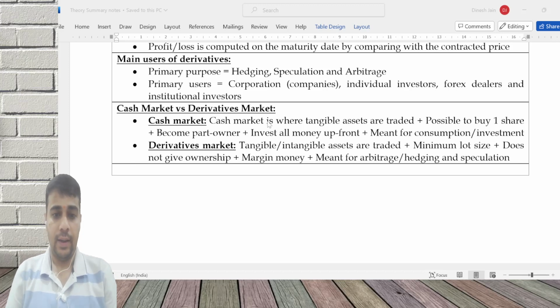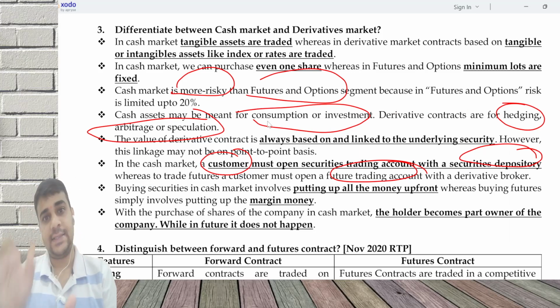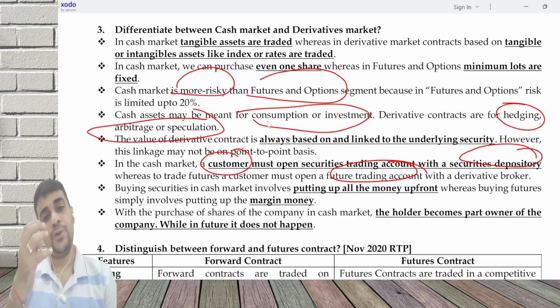Okay, I'll move to the next question. Distinguish between forward and futures contract. Forward contract is something we saw extensively in the discussion of forex, and futures is extensively seen in the derivatives chapter.